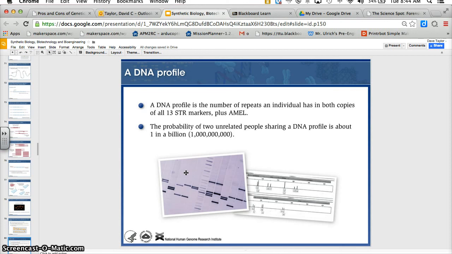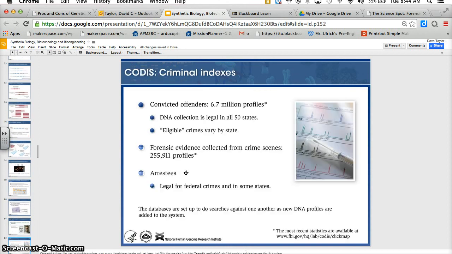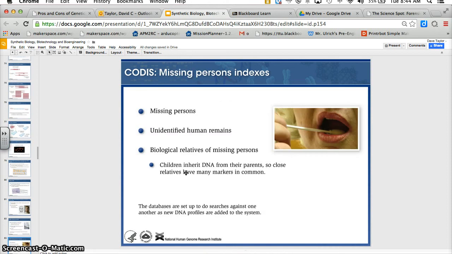Now, DNA profile. The main reason we're looking at this is that the Combined DNA Index System is a collection of DNA profiles, and it helps to find missing persons as well as solve criminal cases. They've been using this since the mid to late 80s. It's because of everyone having their own individual DNA.